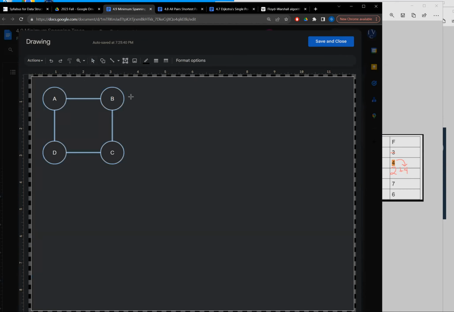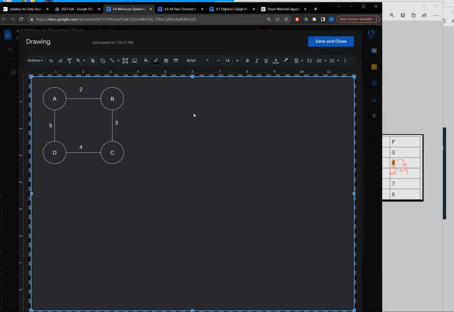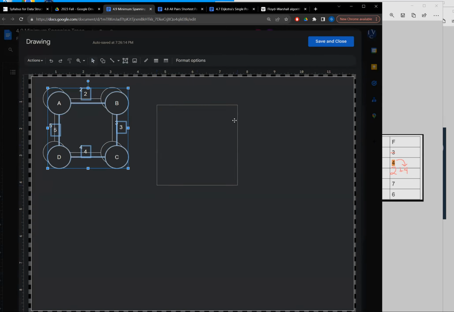So if we add some weights here, the objective would be to minimize that cost.